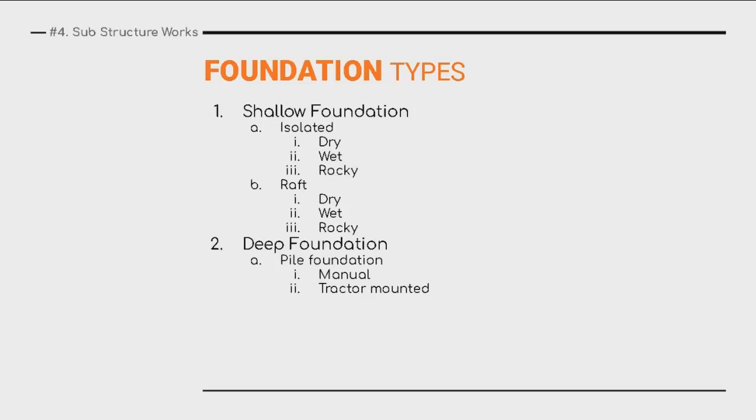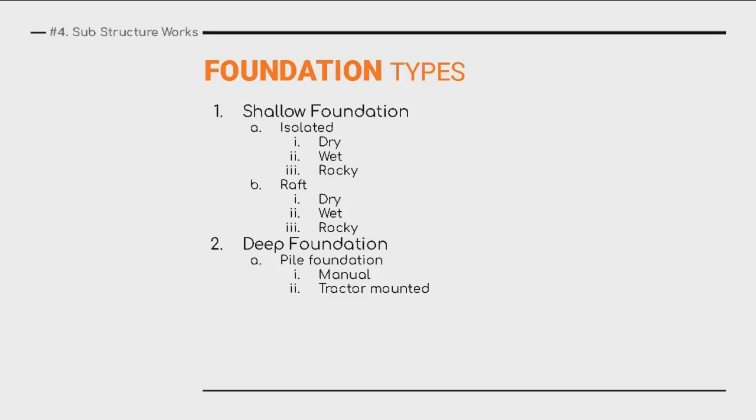Basically pile foundation is an in situ casting kind of foundation, but we have other ways to work out deep foundations, like precast, caisson, and many more. But for low risk buildings we will always have pile foundation that uses manual auger boring or a tractor mounted automated job, right?